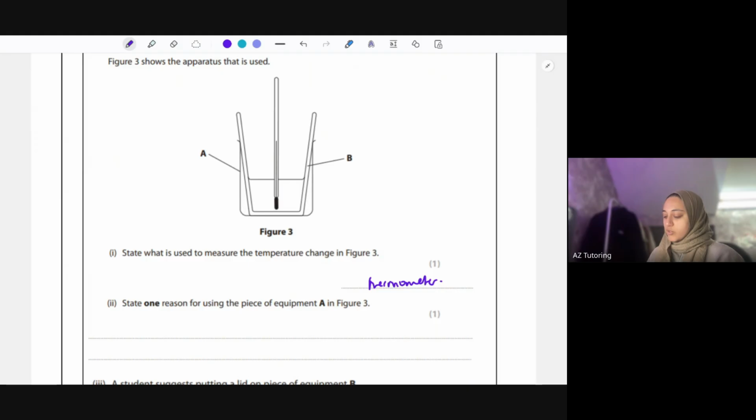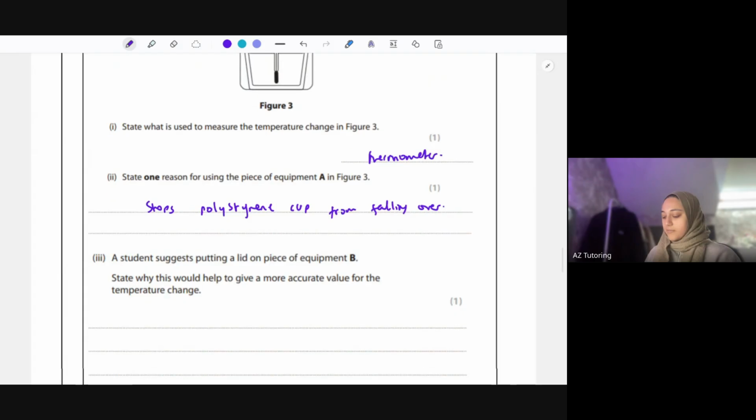State one reason for using this piece of equipment in figure 3. So equipment A is just a beaker. Why would you use a beaker? You would want to stop the polystyrene cup from falling, I guess. So you could just say stops polystyrene cup from falling over. That's why they put the cup inside the beaker.